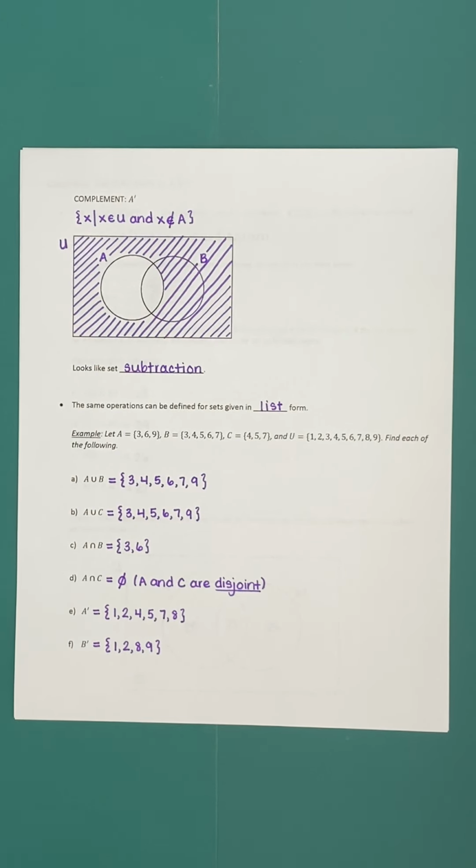So we can define these operations based on a Venn diagram, which again is just a visual representation of our sets and how they relate to one another.